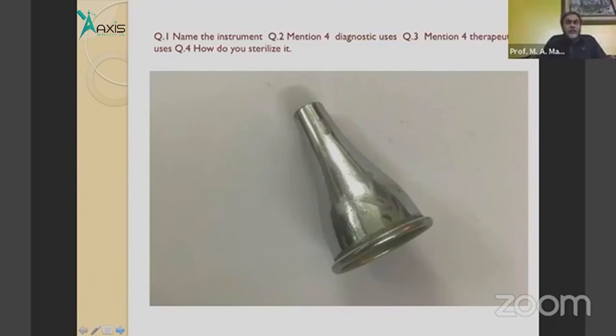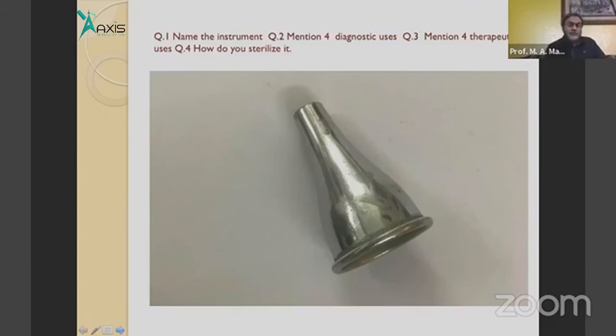Number three, myringotomy and grommet insertion. And number four, myringoplasty, tympanoplasty, stapedectomy or stapedotomy operations. So that is all about that.